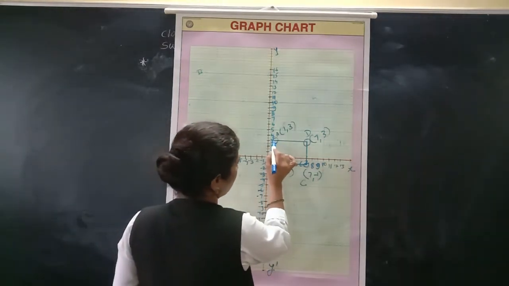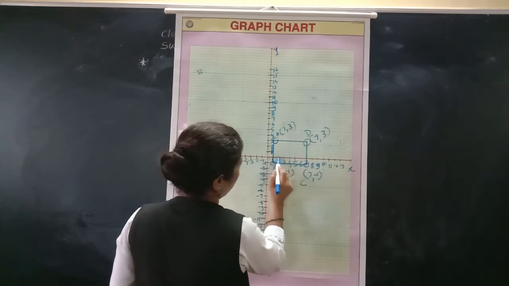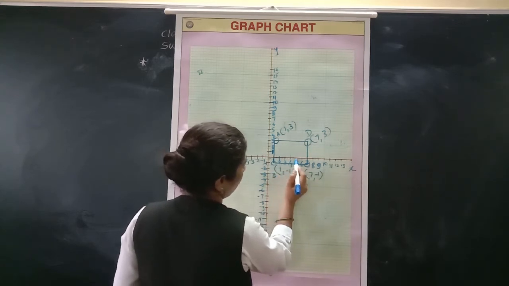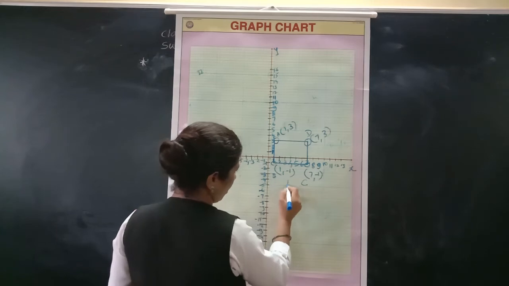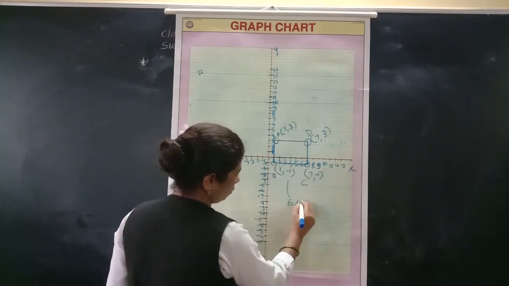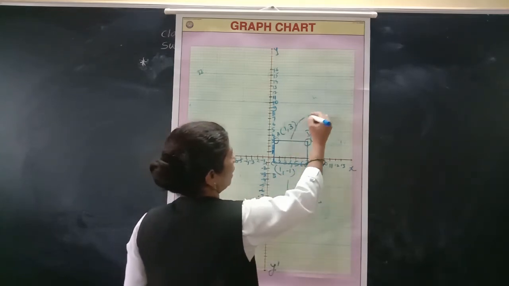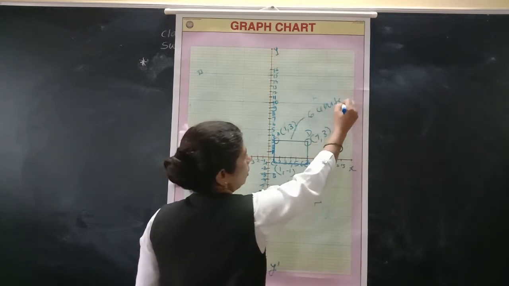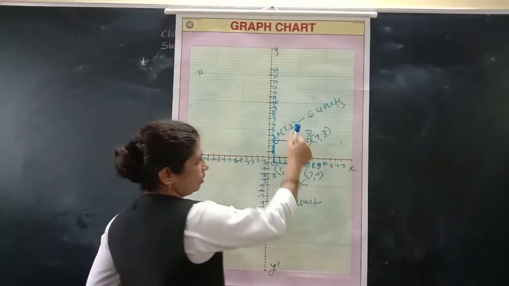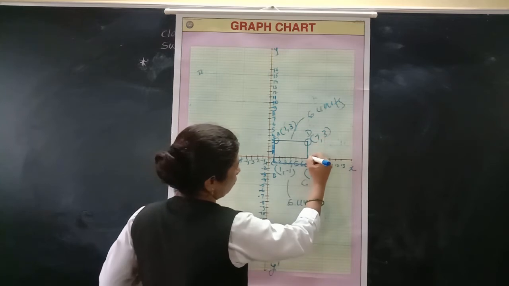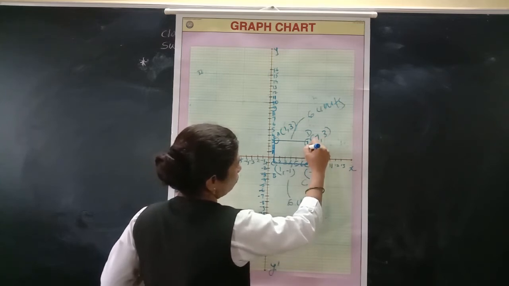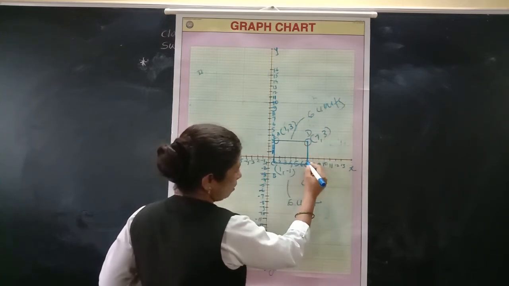How much is this distance? From here 1, 2, 3, 4, 5 and 6. So the horizontal distance is 6 units, so of course the upper side will also be 6 units, right? Now we will count the vertical distance: from here 1, 2, 3 and this is 4.